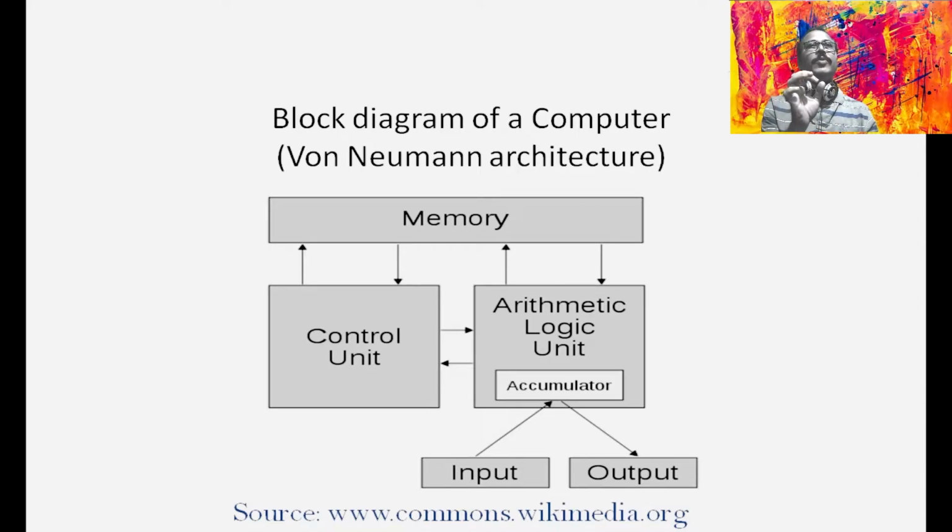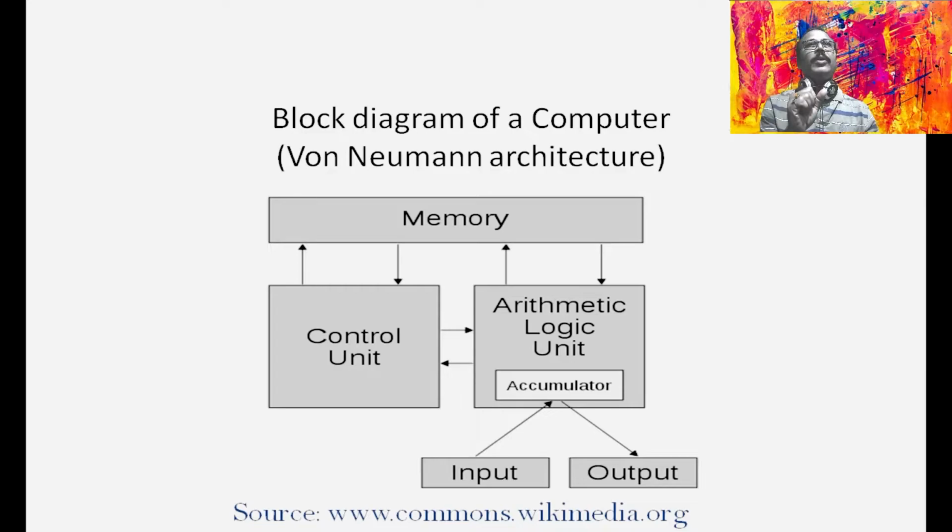It can be RAM, random access memory. It can be a hard disk. It can be your pen drive. It can be many other devices also. Data and programs are stored inside memory.